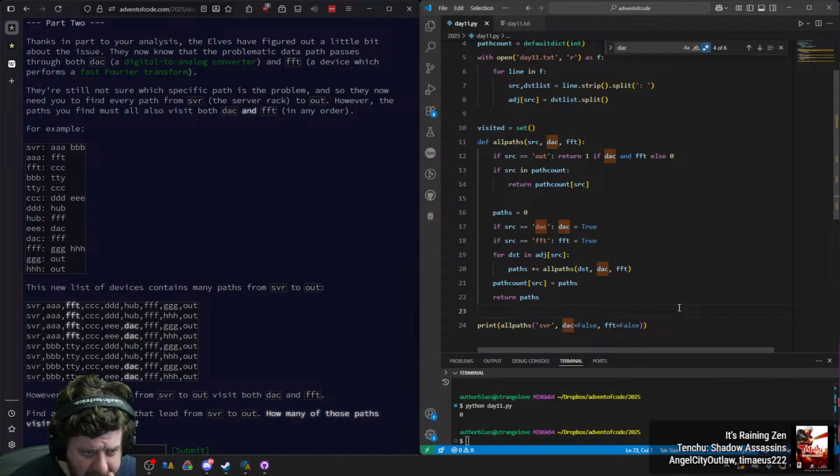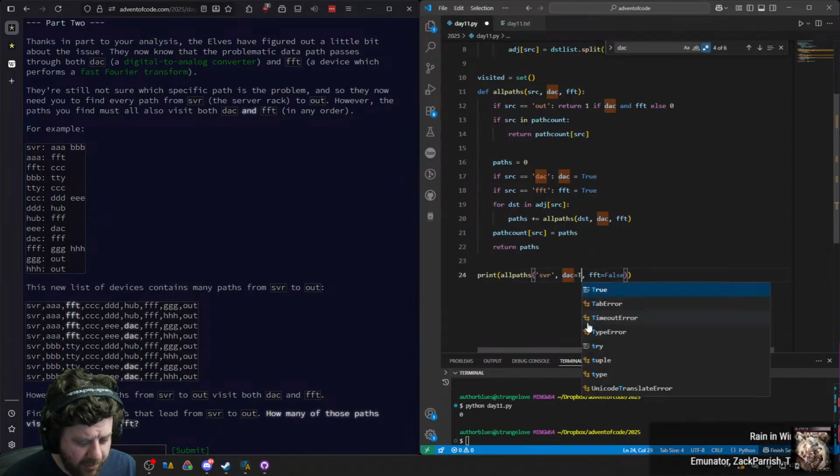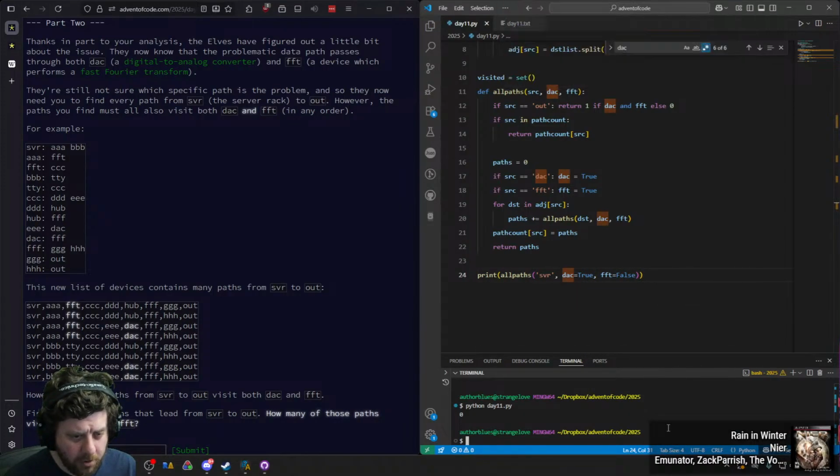Why is this getting 0? Are none of the paths... I mean, if I set these... What if I just set one of them to true?